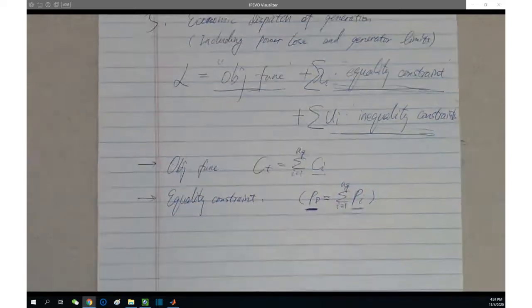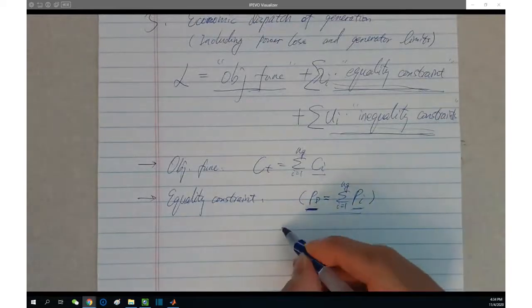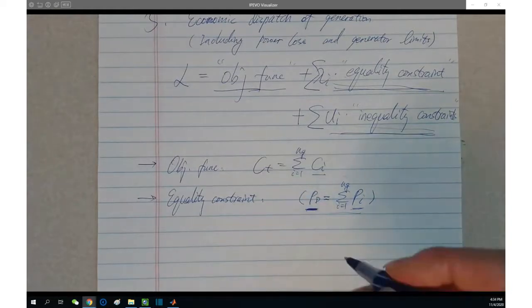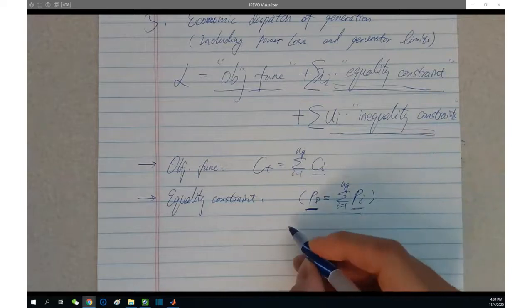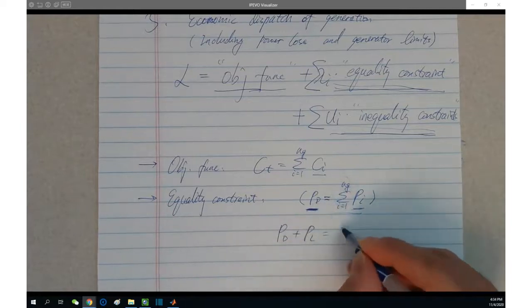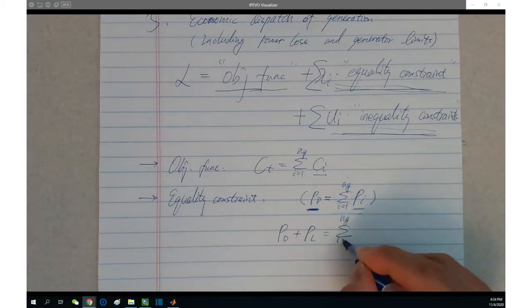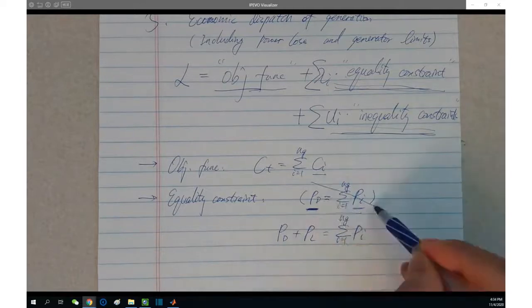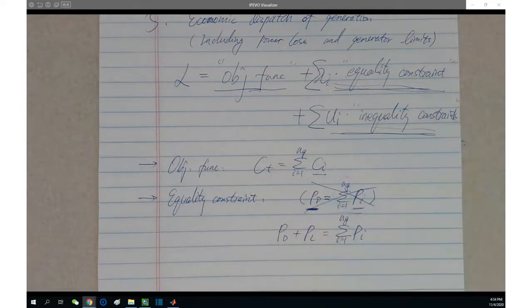Now how do you involve the power loss? Assume the easiest case, where the power loss is a constant. What do you do? Not PD, but PD plus loss equals the summation. Does it make sense? This was the previous case, and now we are involving the loss.